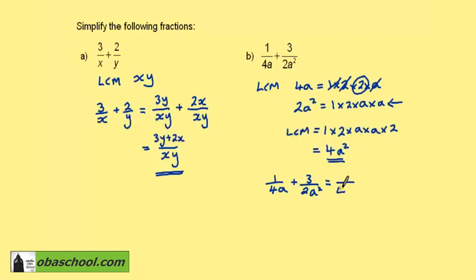And they both need to be over 4a squared. 4a times a gives 4a squared. 1 times a is a. 2a squared times 2 is 4a squared. 3 times 2 is 6. Now we have the same denominator, we can simply add, giving us a plus 6 over 4a squared.